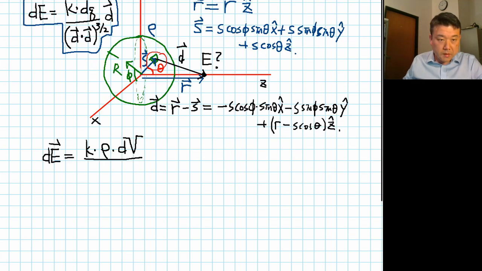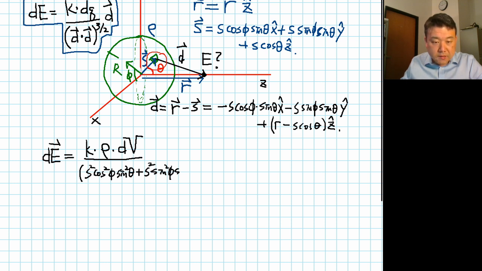So this is the x component, s squared cosine squared phi sine squared theta, plus the y component, s squared sine squared phi times sine squared theta, plus the z component squared. So that's r minus s cosine theta, squared. All of this raised to the power of 3/2.